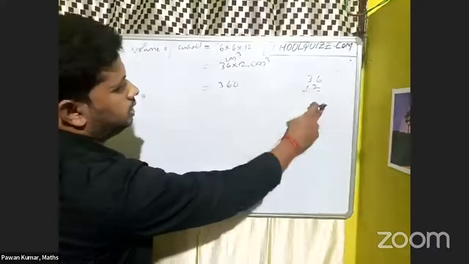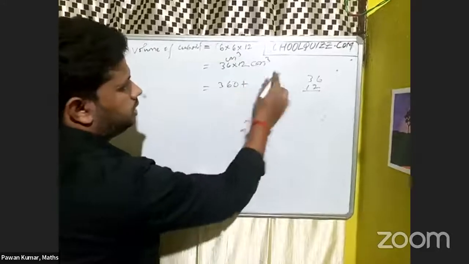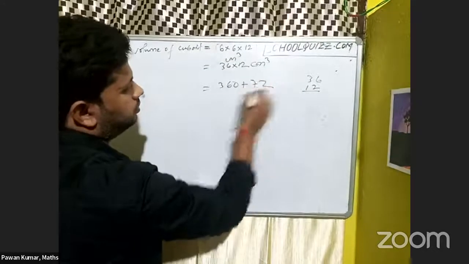If you want to multiply, you can do 360 plus 36 into 2, which means 72. So it's nothing but 432 centimeter cube.